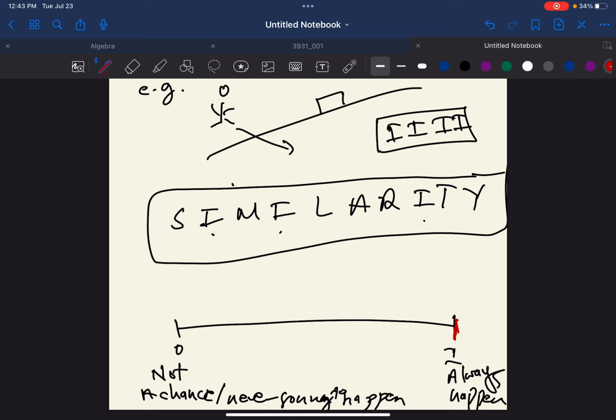Right? So it gives you a discrete picture of that probability. Instead of saying always going to happen, you can just say, on a scale from 0 to 1, it's 1, okay? It's always going to happen. So when we talk in numbers, it's easy for us to visualize and see the picture, okay?